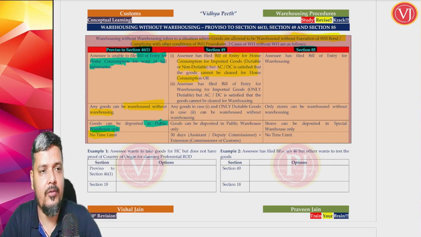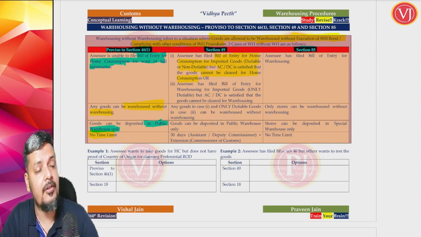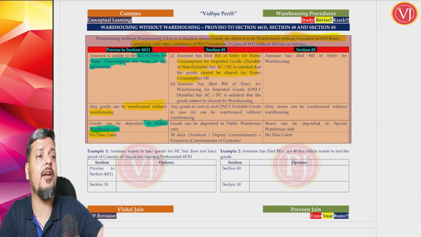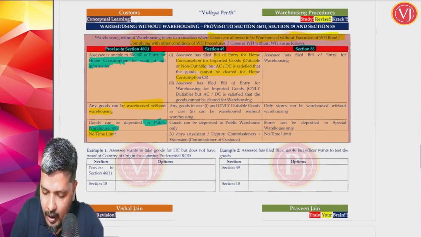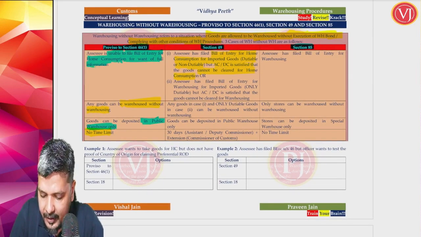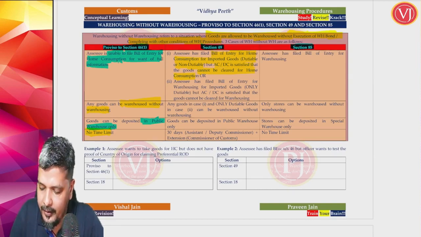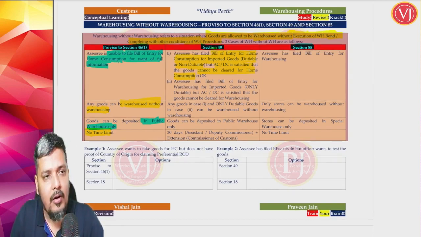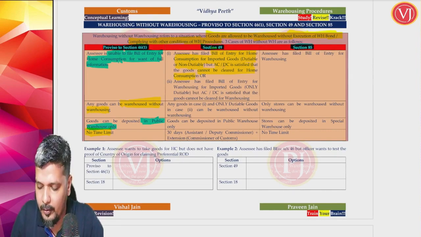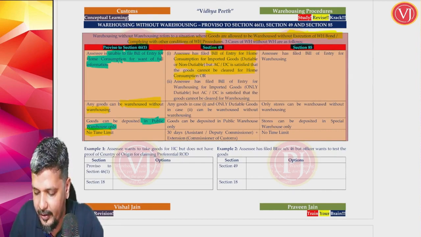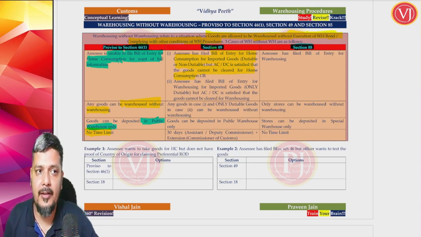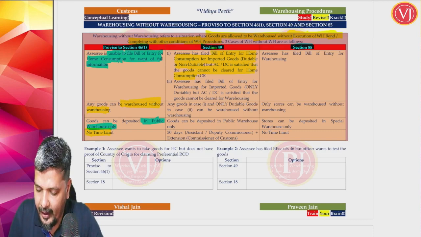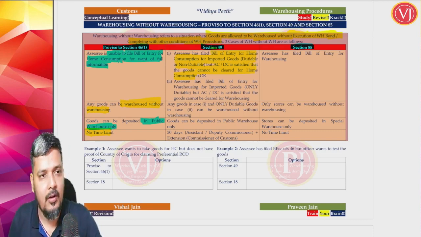Unlike the previous case, where he wants to file bill of entry for home consumption but is not able to file, here he has already filed bill of entry for home consumption, but ACTC is having some doubts. Maybe he is telling that rate is incorrect, etc. So ACTC is satisfied that the goods cannot be cleared for home consumption.